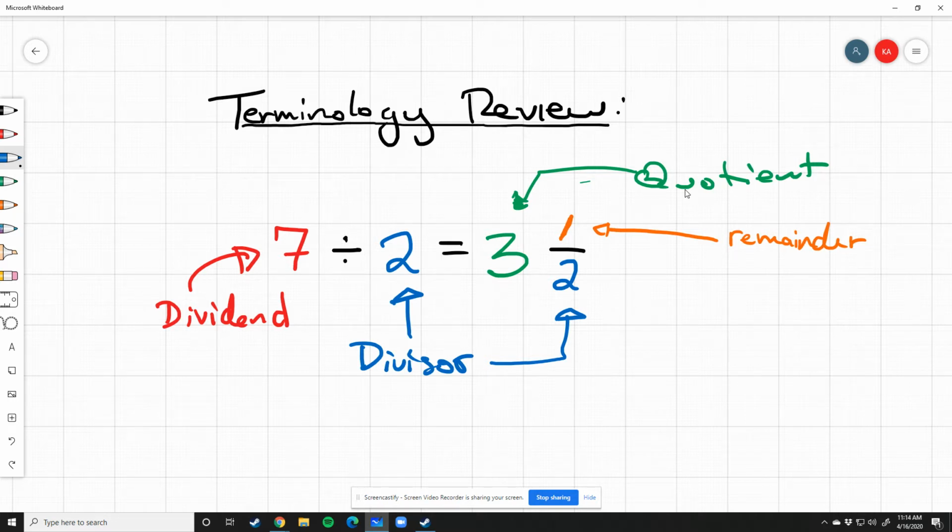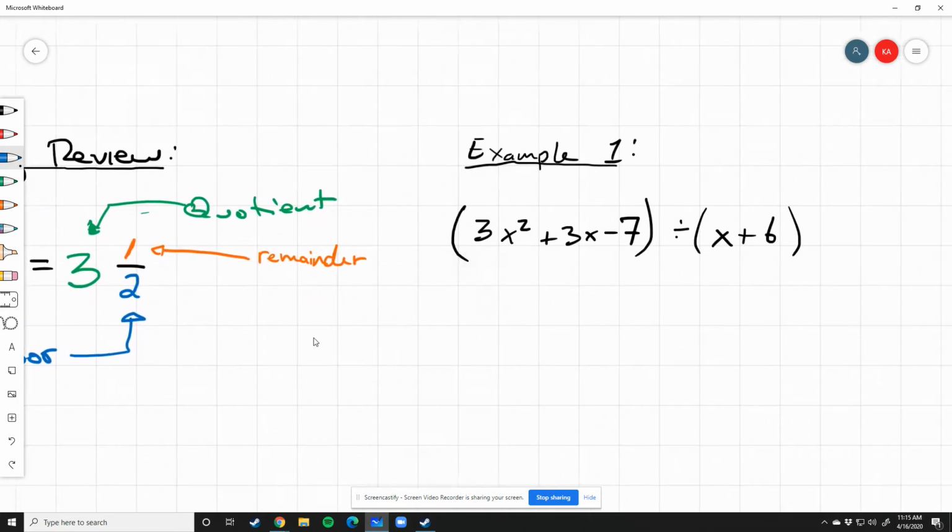Sometimes we prefer to just talk about things in terms of the remainder, to say that 2 goes into 7 3 times with the remainder of 1, and sometimes we prefer to say that 2 goes into 7 3.5 times. In our work, we're going to be using the remainder divided by divisor format for all our answers. Let's move on to the first example.